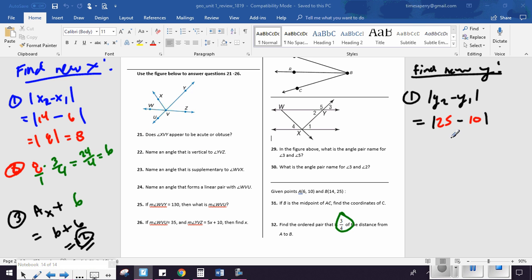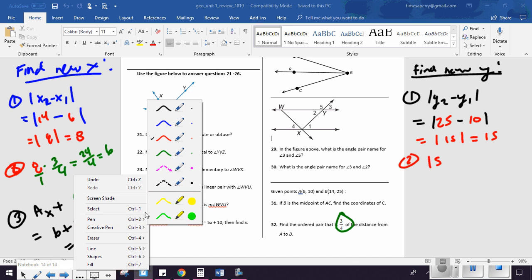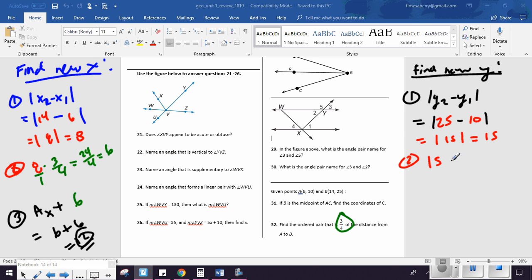The smallest is 10. So that's the absolute value of 15, which is 15. Then again, you take the total distance, 15, times the provided fraction, 3/4, to get your fractional distance.